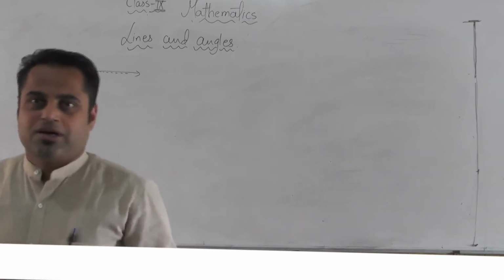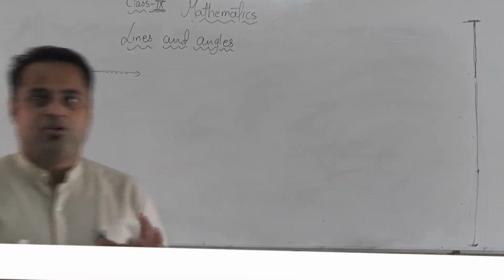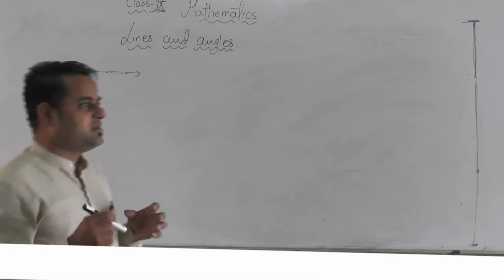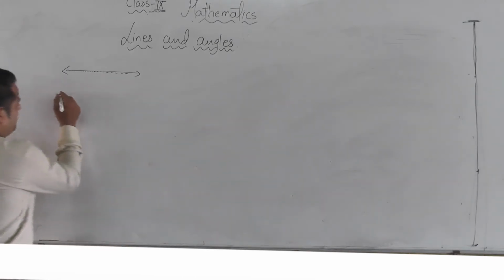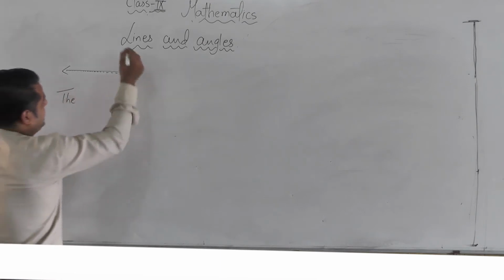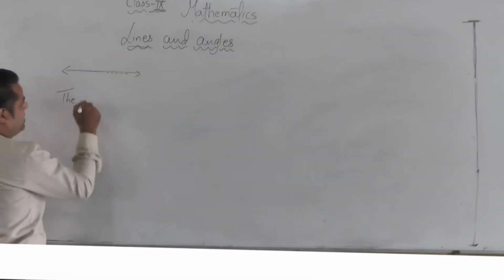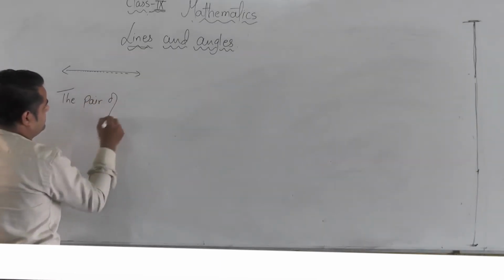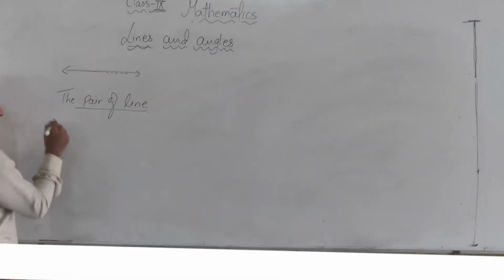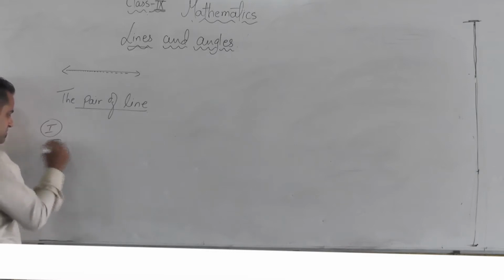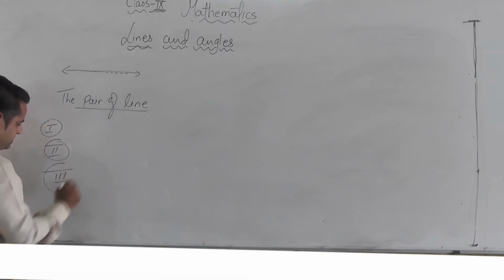Now, if there is a pair of lines, the pair of lines are of three kinds. The pair of lines we are talking about, because line is our first topic, can be of three types. What are these three types?